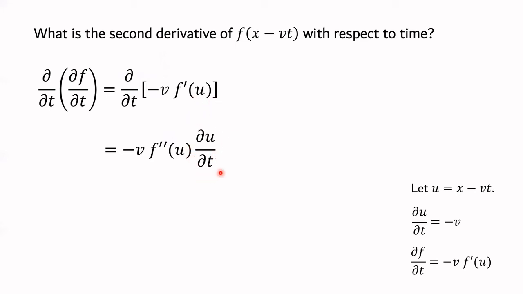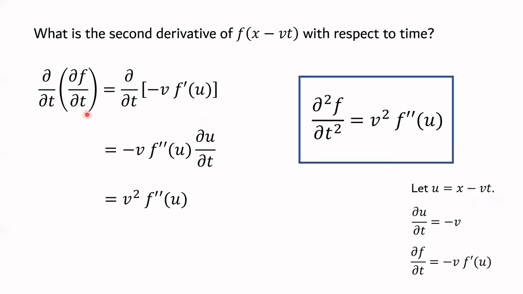But we've already established that du dt is negative v, right? If this is u, then when you take the derivative with respect to t, you get negative v. So there's another factor of negative v here. That factor with the first factor of negative v gives us this. So there it is. Let's rewrite this now using the more common notation, d squared f dt squared.